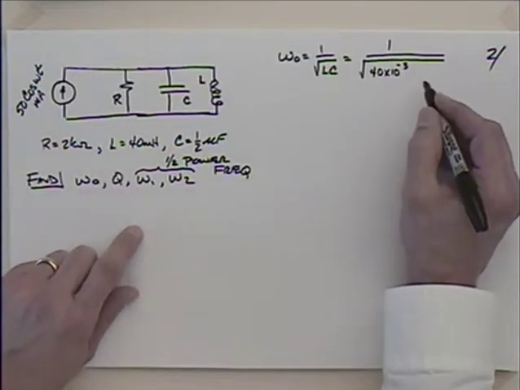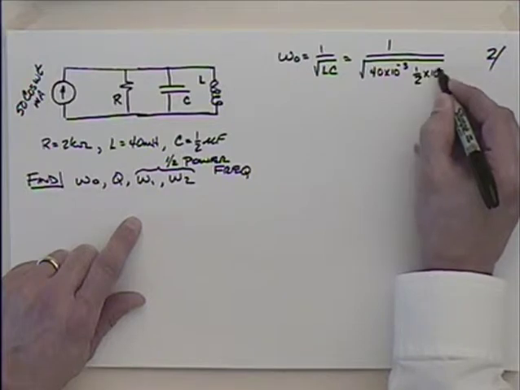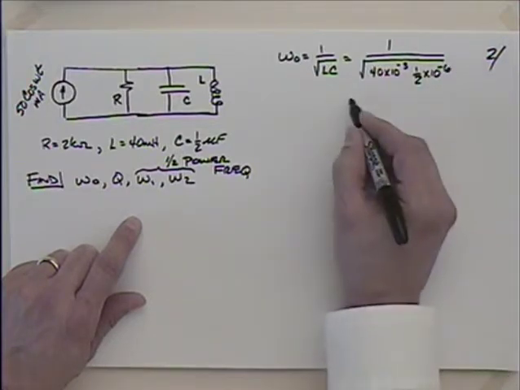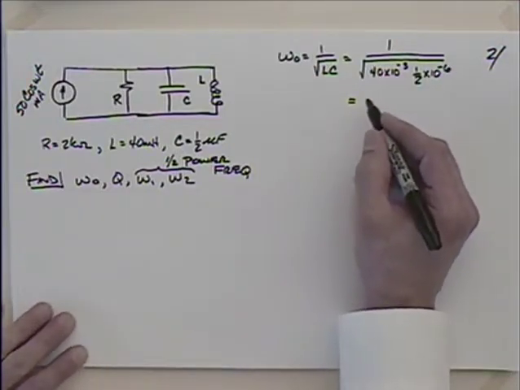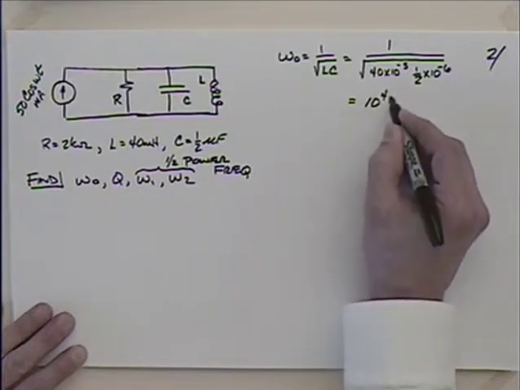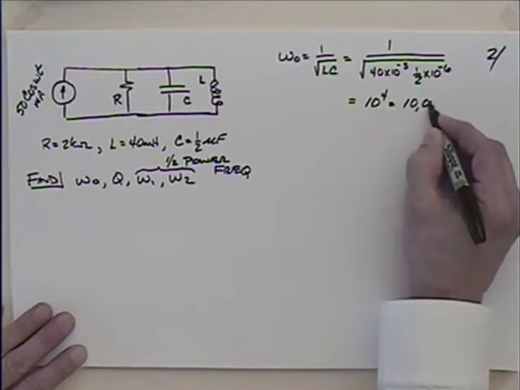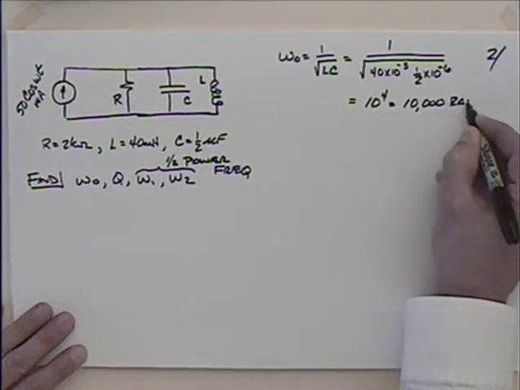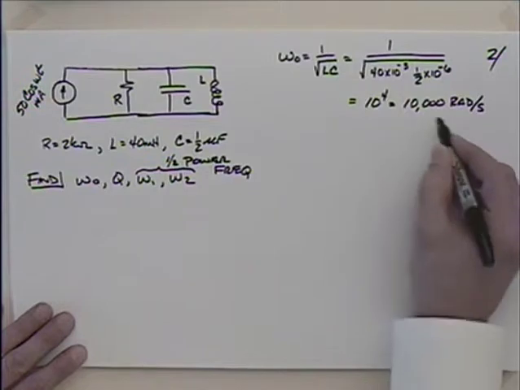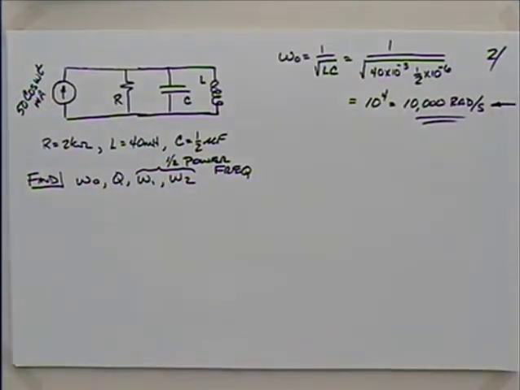And then C is a half microfarad, so 1/2 times 10 to the minus 6. So when you go through that, it turns out to be 10 to the 4, which is 10,000 radians per second. So that'd be our resonant frequency, 10,000 radians per second.